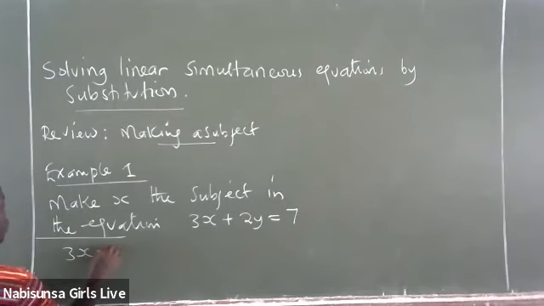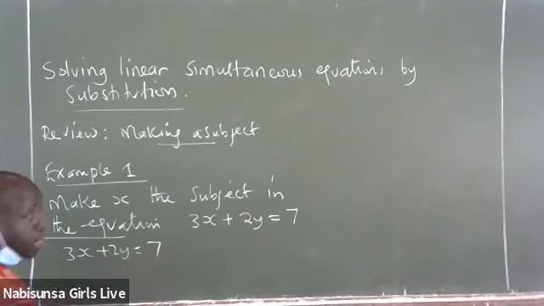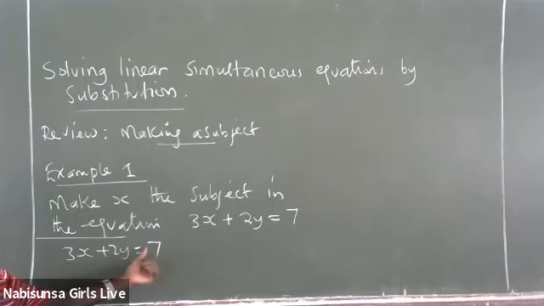So you have 3x plus 2y is 7. Now to make a variable the subject, it is meant to stand alone on one side of the equation. You are at liberty to put it on the left or to put it on the right. So what we are going to do is to take whatever does not have x on the other side of the equation and leave whatever has x on one side of that equation.